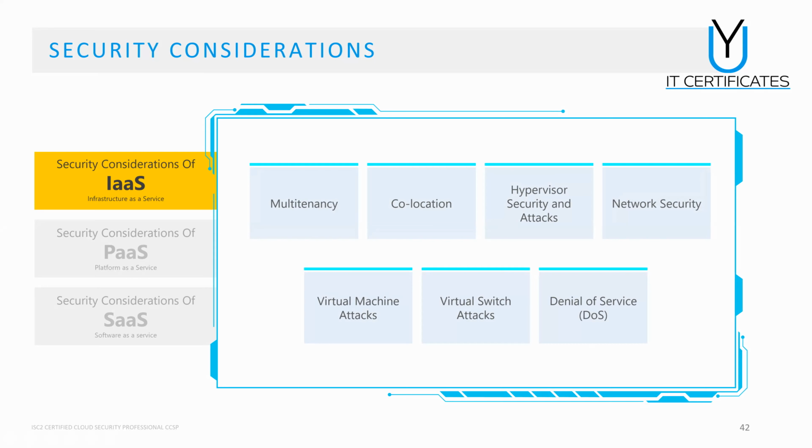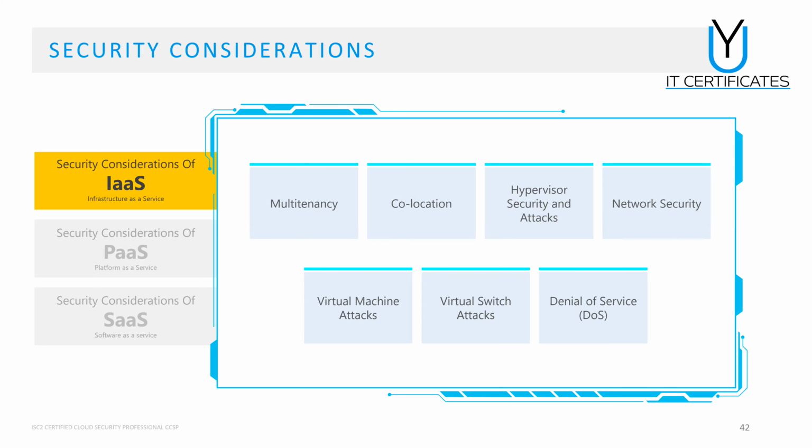And multi-tenancy means that you have multiple users working on shared resources. You have a host, in other words, a server. This server is split or configured into multiple VMs, and there are different users on these VMs.